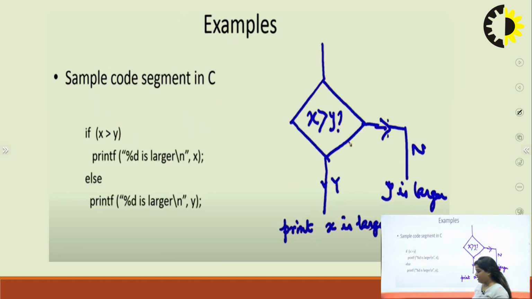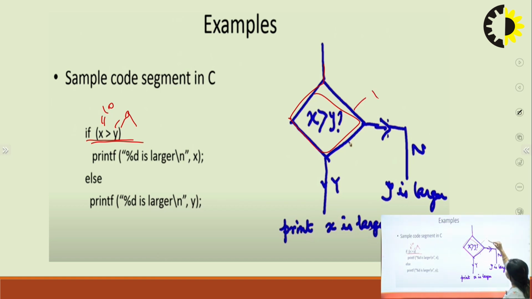Let's see one with the help of code. With relational operators, we make the decision with the help of a decision box, as it is showing some decision. Let's say x is 10 and y is 9. The condition will be in a flow chart. In the flow chart, we decide with the help of a decision box.